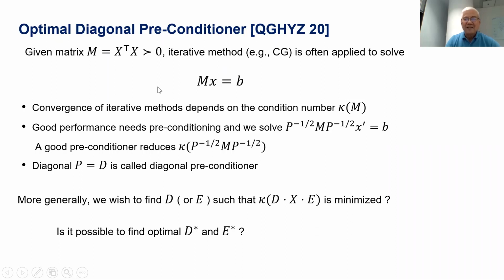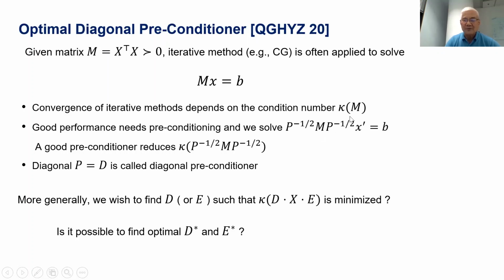If we use an iterative method, we typically apply CG, the conjugate gradient method. But conjugate gradient is heavily dependent on the condition number of this matrix M, denoted by kappa. If we have a good preconditioner, we can precondition symmetrically on this side and that side, then solve the system of equations.